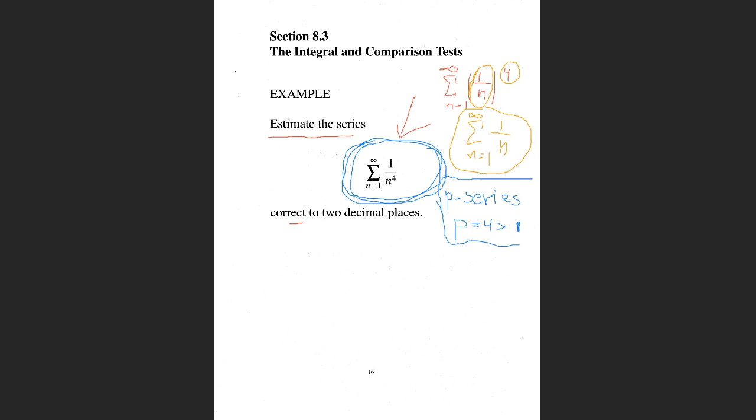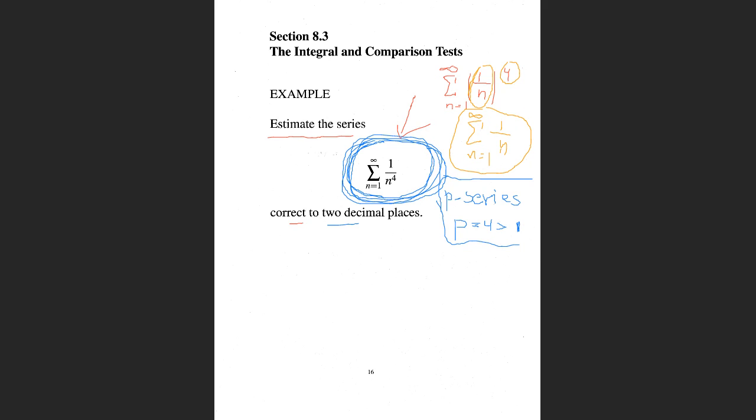This series does have an answer. There is an answer for the value of this infinite series, but we don't have a formula to find the sum of it. So we're going to estimate the series, and we'll be happy if our estimate is correct to 2 decimal places.